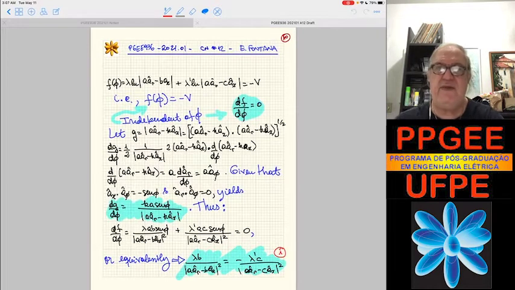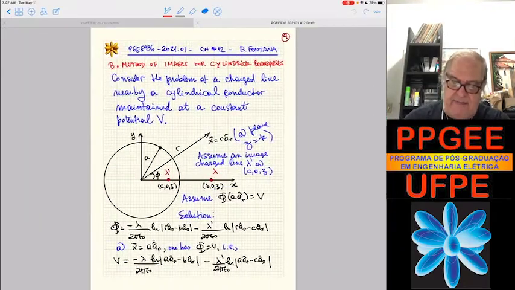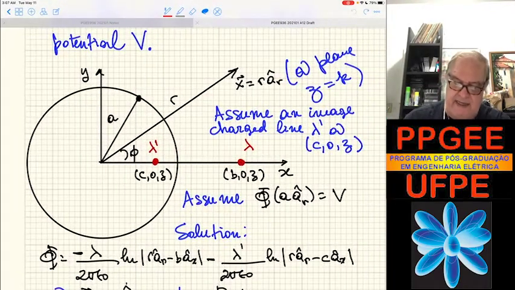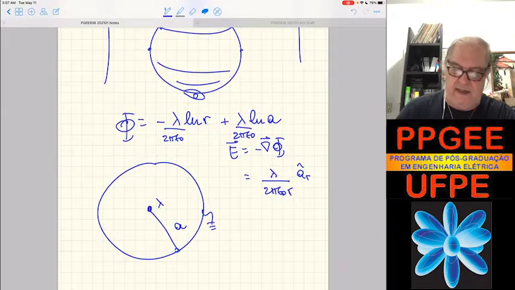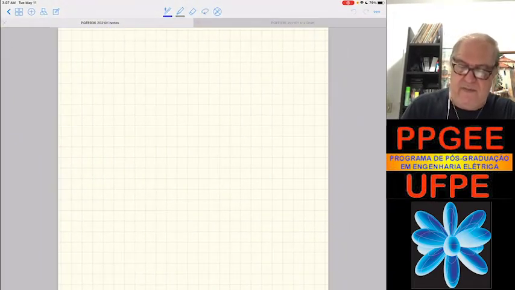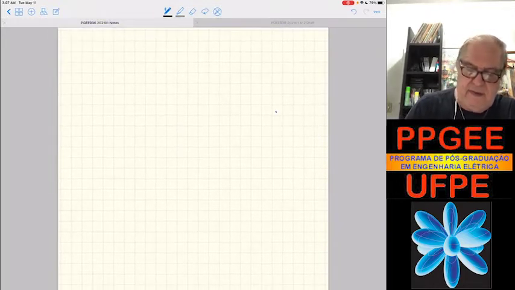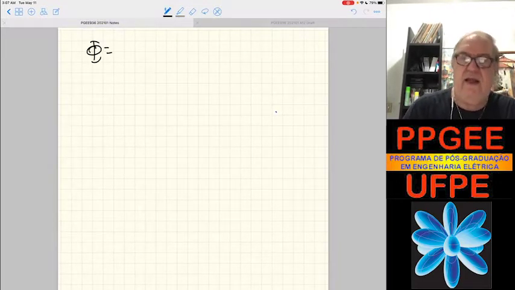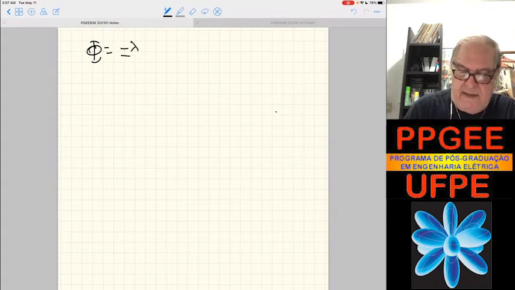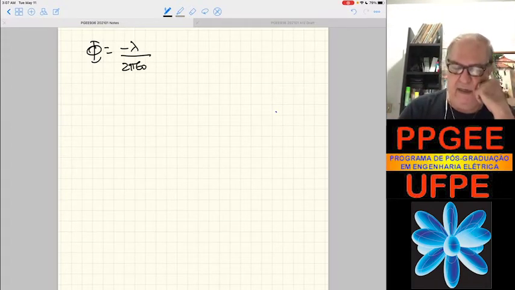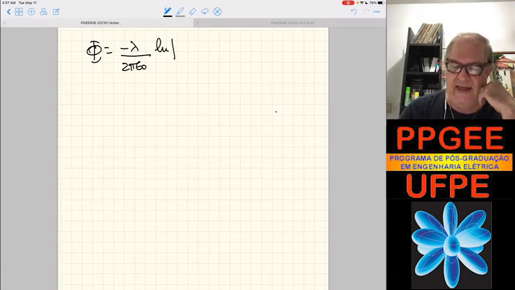So here, the way to do it, you see that when we impose the potential at, let me just write separately here, the solution that we propose for this problem equals minus lambda, that's the original charged line, logarithm of the magnitude of x r-hat minus b x-hat.